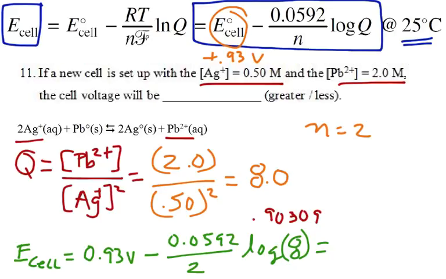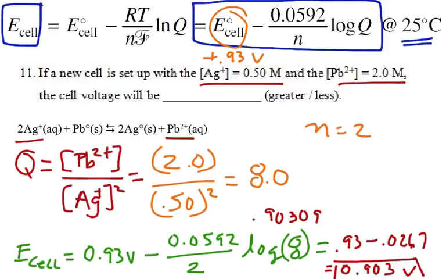So my answer is 0.93 volts minus 0.0267, and that comes out to be 0.903 volts. And I could probably round that up to 0.90.